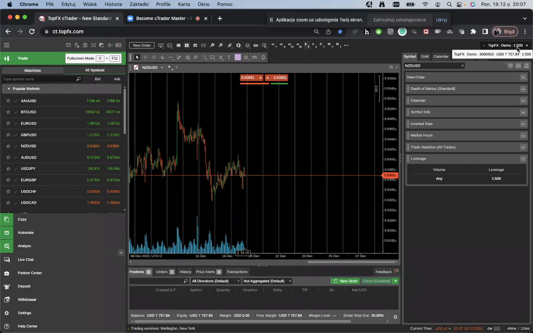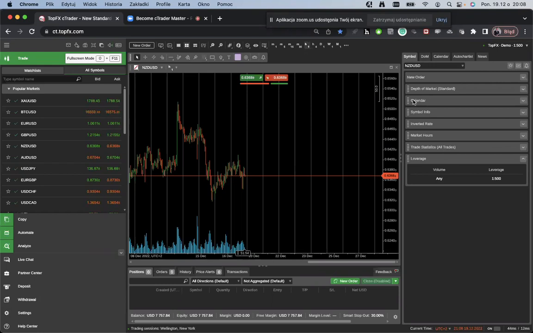So each trading account has a certain leverage defined at the time of creation. However, when entering a trade, the actual leverage might differ because different symbols can have different leverages. For example, while most of the time you can get 1 to 500 leverage, as you can see here.